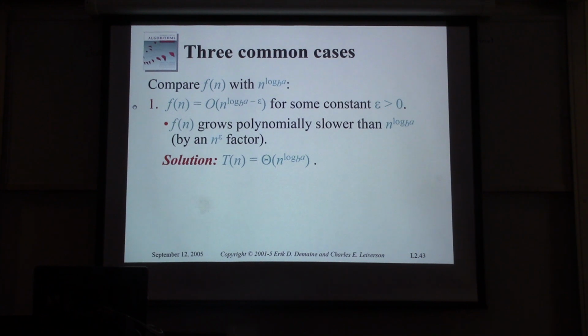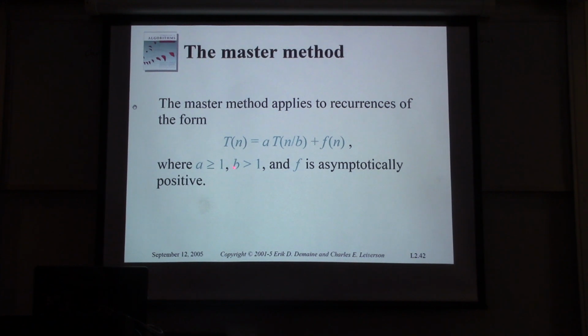Therefore, our solution, the end of the analysis, is that T of n, the actual complexity of the algorithm that we studied, is theta of n to the log b of a. Let me review it. If you compare this against that, and you find that this is bigger, then the algorithm has theta of that bigger n to that power. Period. You're done, as long as the algorithm fits into this type of recurrence.